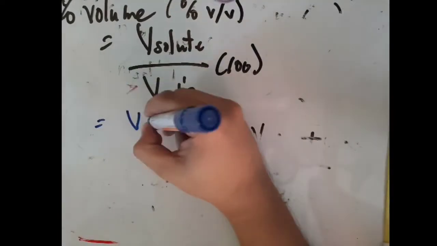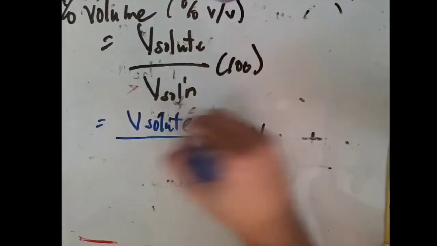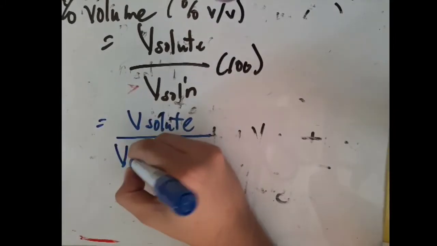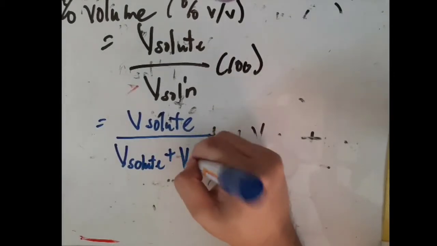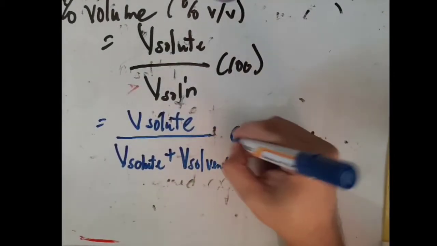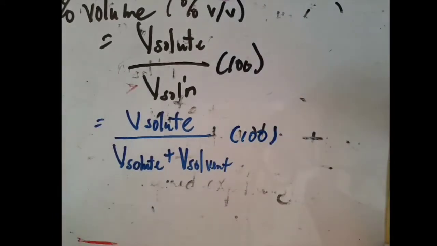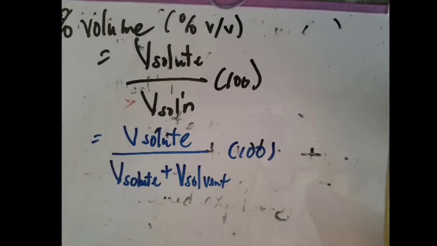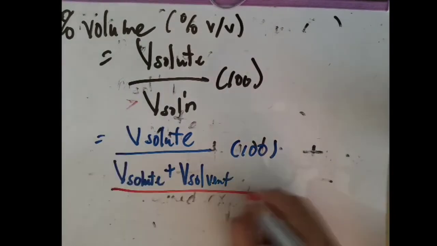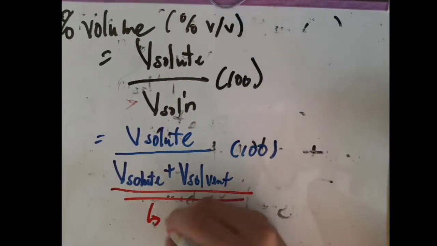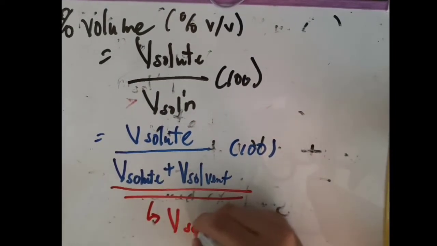the volume of the solute divided by the volume of the solute plus that of the solvent, multiplied by 100. Again, I will emphasize, unless stated that you assume the volumes are additive, do not use this expression in obtaining the volume of the solution.